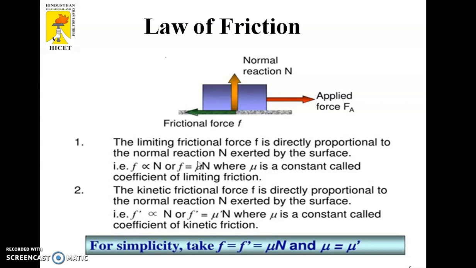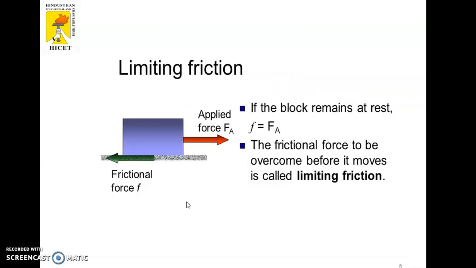The limiting frictional force F is applicable for both static and kinetic. It is limiting friction. When this limiting friction is generated, it is only our static friction. How, sir? Here it is a block. When the applied force is given like this, it is a pull type of force.